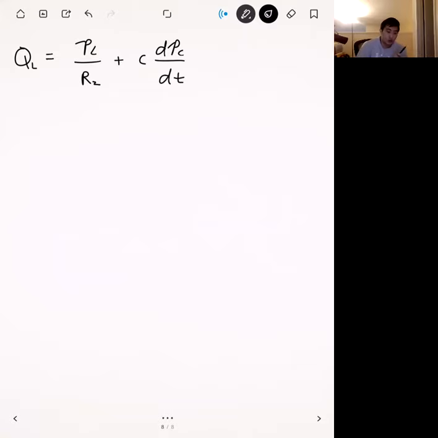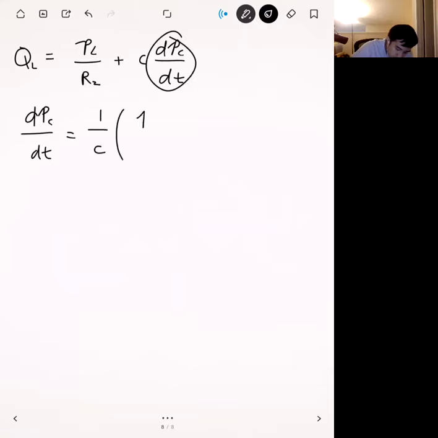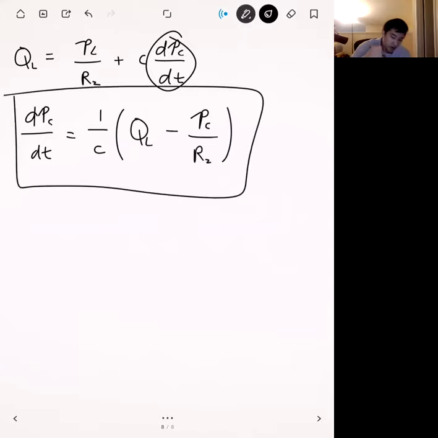Just like we usually do, we solve for the time derivative, so dPC/dt is equal to 1 over C times QL minus PC over R2. Then we put a box around it, and that's our second equation.